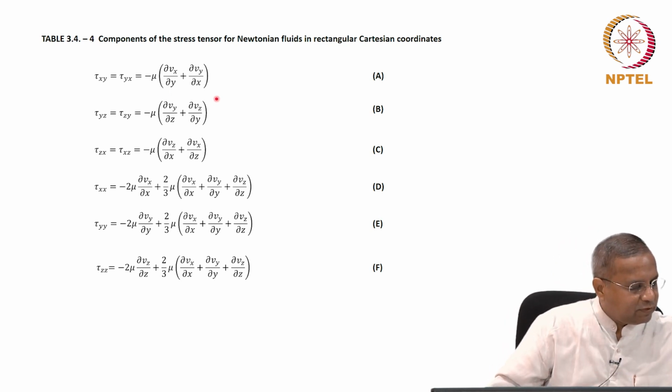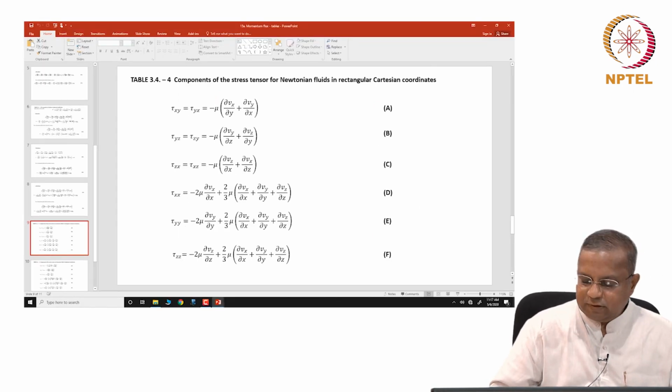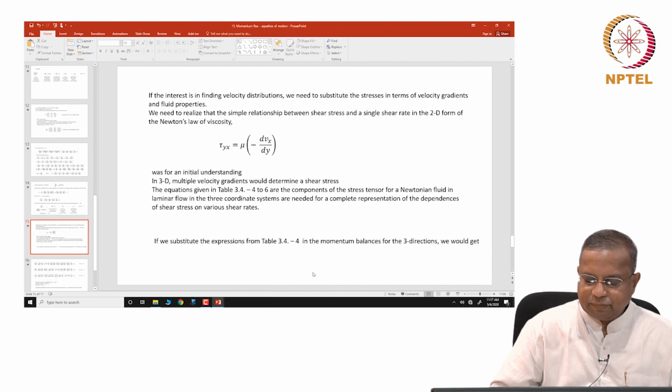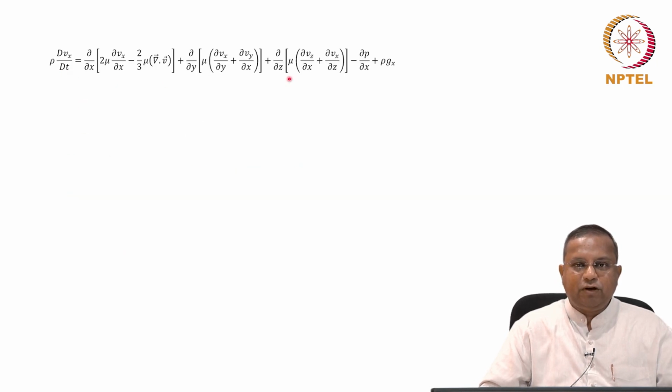If we substitute these velocity gradients and write our equations of motion, then we would get for the x momentum alone this relationship, when you convert the shear stresses in terms of the velocity gradients.